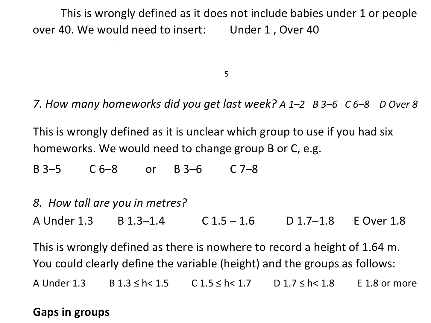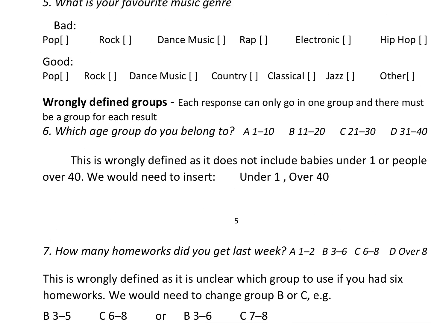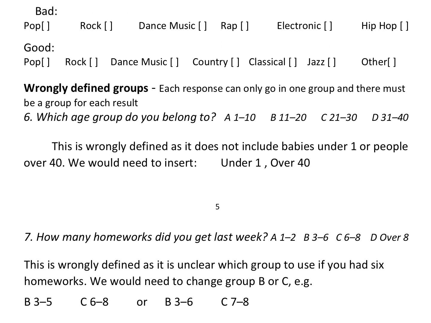Okay, there's lots of ones for wrongly defined groups for us to look at. Maybe I'll just do the question first of all. So number 7, we have how many homeworks did you get last week? 1 to 2, 3 to 6, 6 to 8, or over 8. Hopefully you can see the issue there is there's an overlap. What happens if you did 6 homeworks last week?